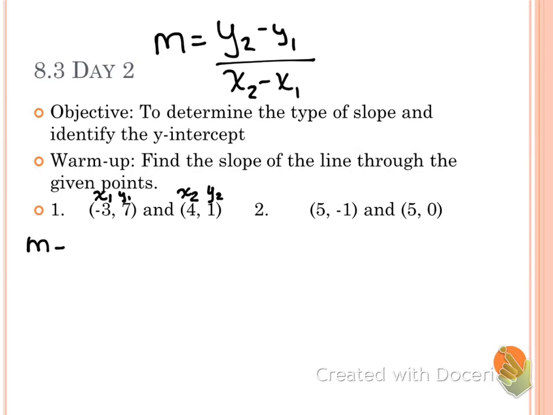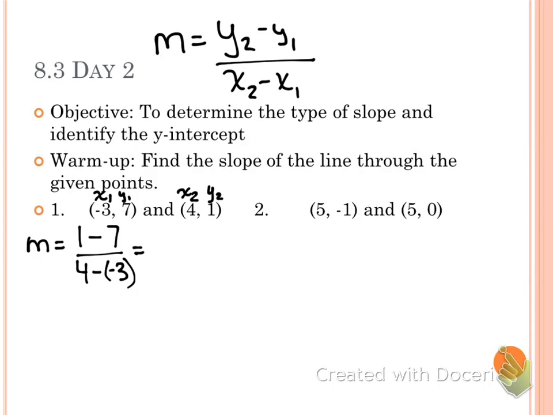So m equals, what should I plug in for y2? 1 minus y1 is 7 over x2, 4 minus x1.